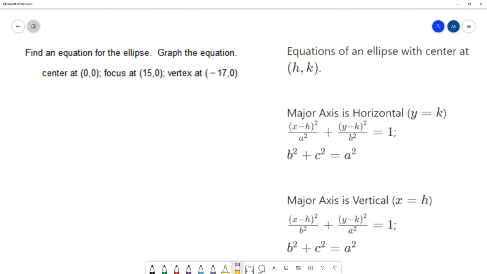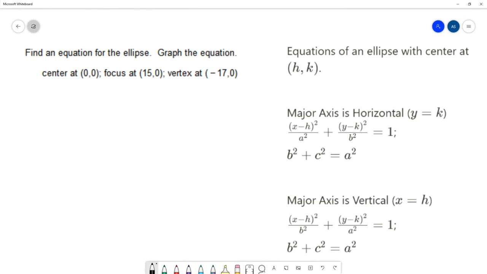So when you have a horizontal orientation, your ellipse will be longer horizontally, and all the major features will fall in line horizontally. When you have a vertical major axis, your ellipse will be longer vertically, and all of those major features will line up vertically. So I'll do a quick sketch of what I have here.